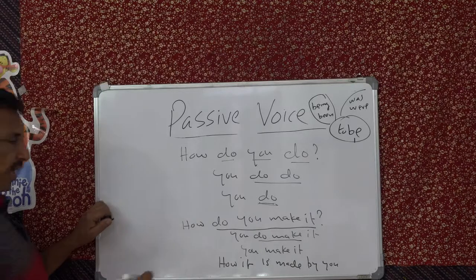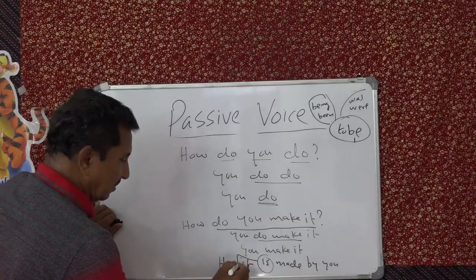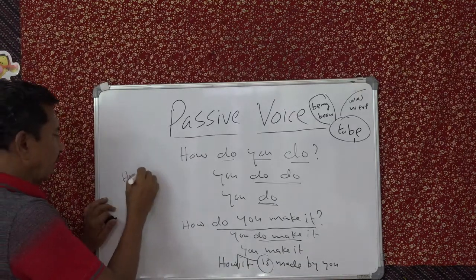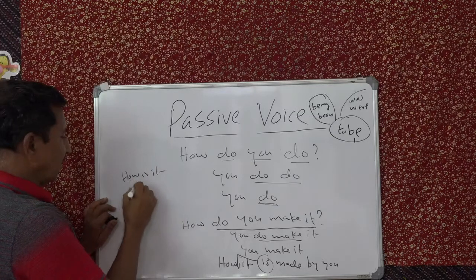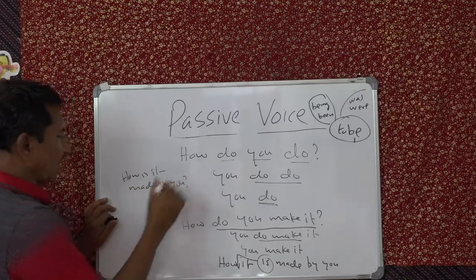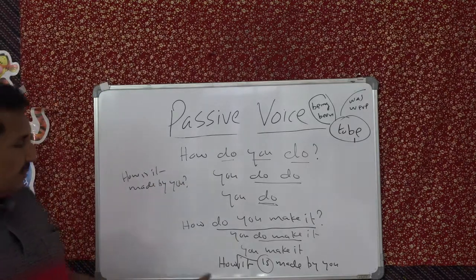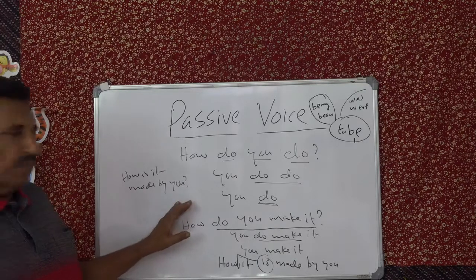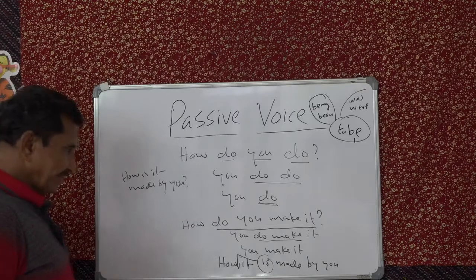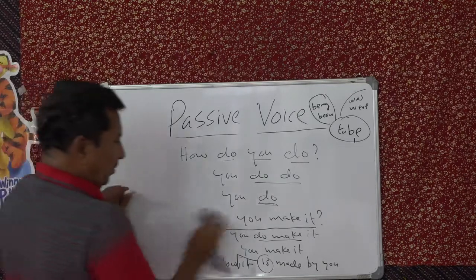You say, how is it made by you? So how do you make it? The passive is, how is it made by you? How do you do? The passive is just like this. Don't get confused by do.